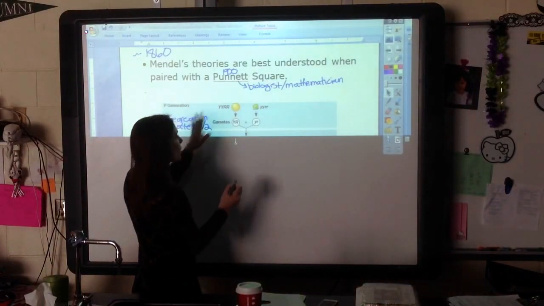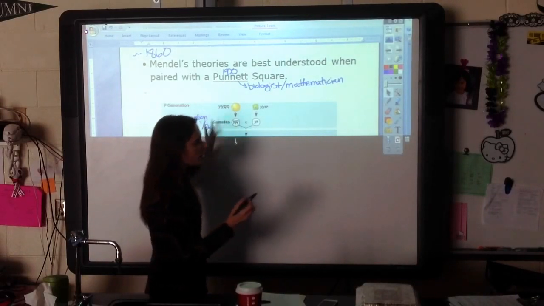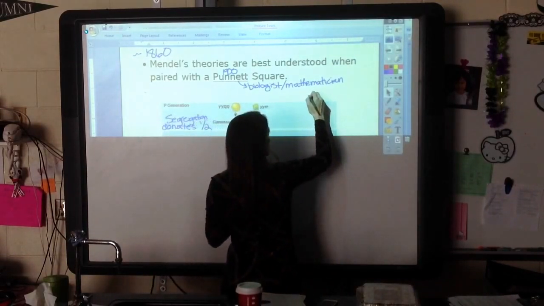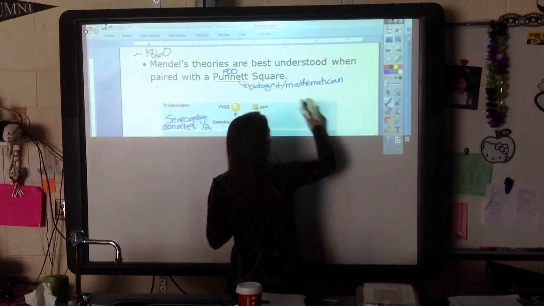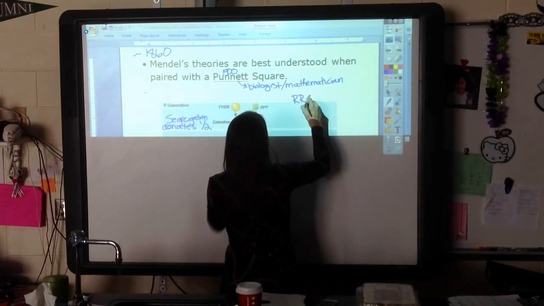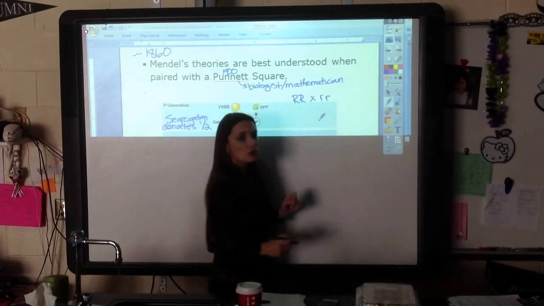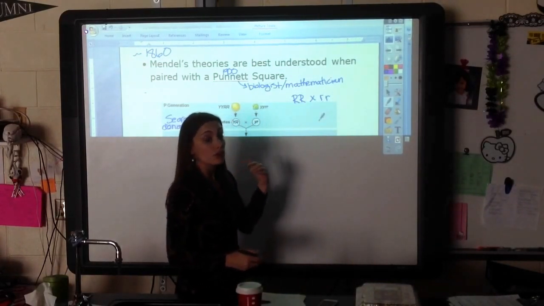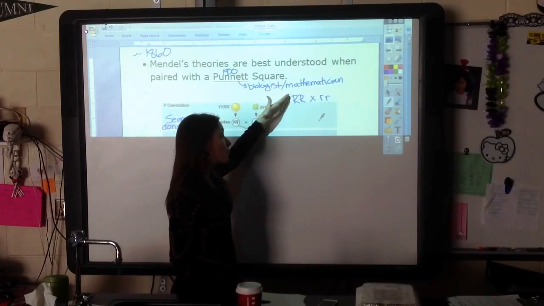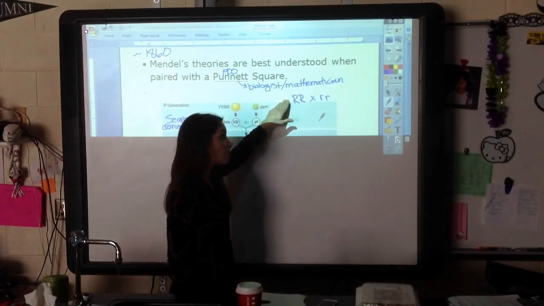So we're going to draw the Punnett square just for the R's. We see a parent that is big R, and another parent that is homozygous recessive. So we're going to start trying to use our correct vocabulary. Before we might have said big R, now we'll call this homozygous dominant.